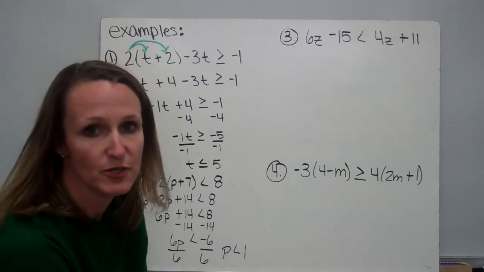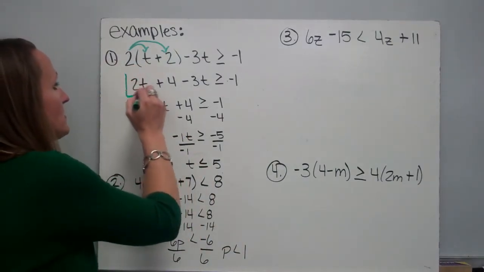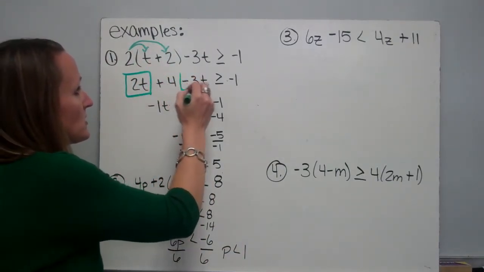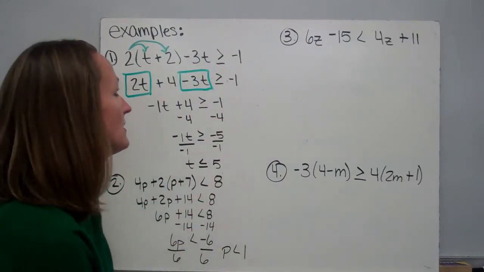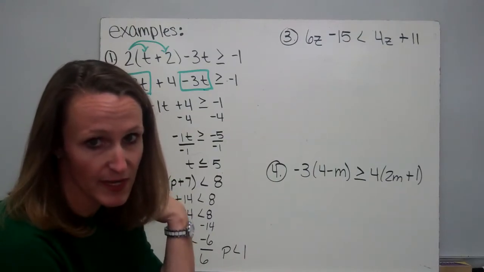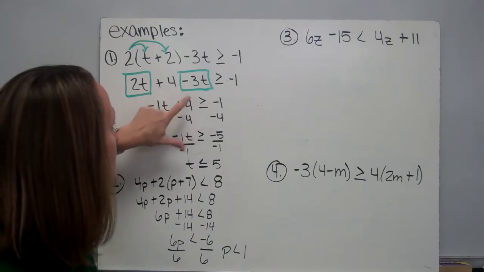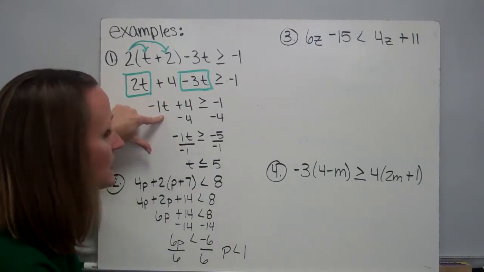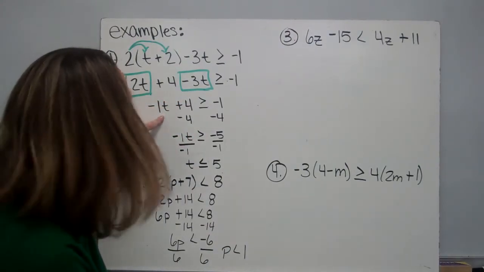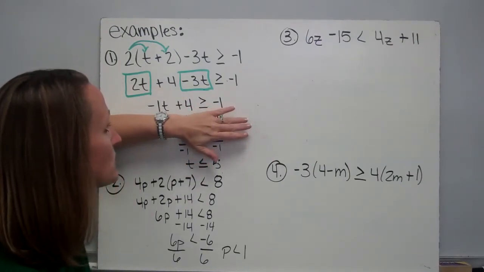Okay, so I've distributed. Now I'm going to combine my like terms. So I can combine the 2t and the negative 3t, because remember, whatever symbol is in front of the like terms means I push them together. So I have 2t plus negative 3t, that gives me a negative 1t, and I wrote the 1 there just to help you remember. Negative 1t plus 4 is greater than or equal to negative 1.